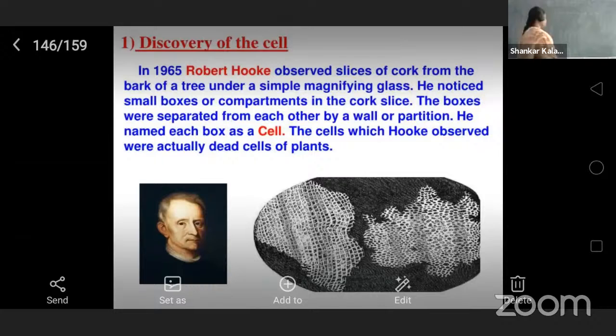Ma'am, about cell, no, ma'am. So you did not hear the word cell in any class? Yes, ma'am, we heard it, but not that deep. Only the meaning of cell. What do you know about cell? Ma'am, cell is very small. Okay, what is the function of that?